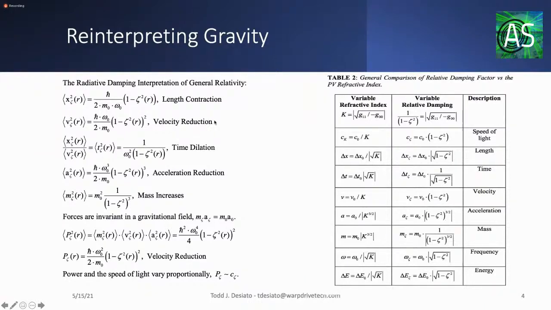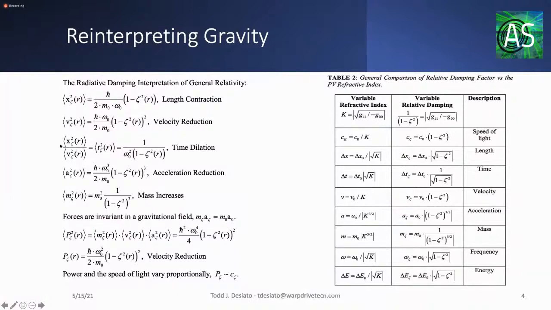And these come from the mean square probability values from the quantum mechanical harmonic oscillator. And so X squared is the mean square position range. That's the probability cloud of the particle. The velocity is the mean squared velocity.